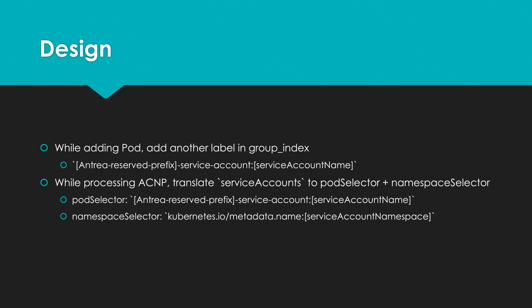Oh, so you mean the user adds this label by themselves with a different service account name than the pod has, right? That's right. So basically, if a user does this, while we add this label to the group index, we will rewrite the value of this label.